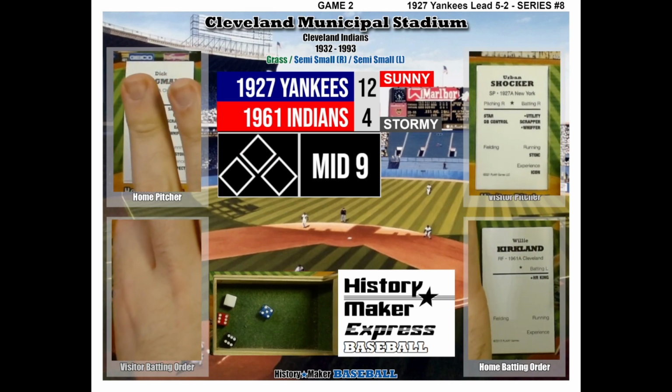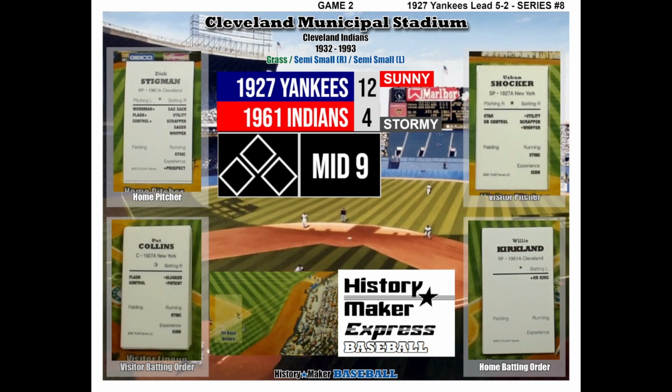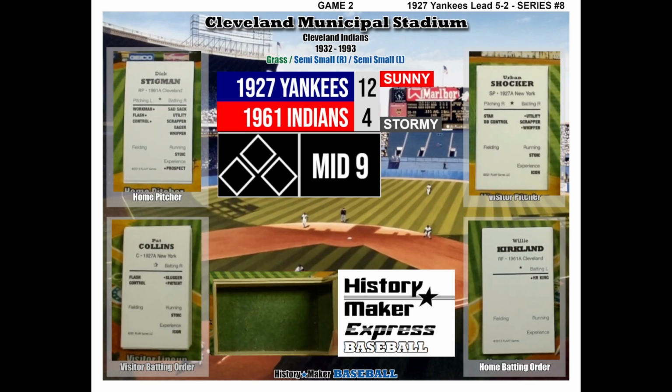And Shocker is going to stay out there to go for the complete game, even though this game has already been wrapped up tight in a bow. And we don't want to waste the bullpen. And here in this game, we might as well save it, as Urban Shocker is going back out there to go for the complete game.